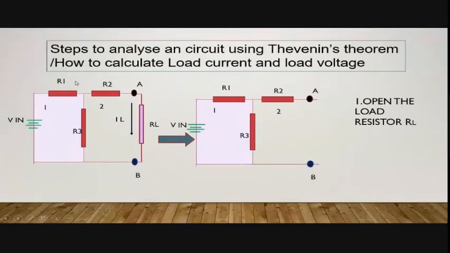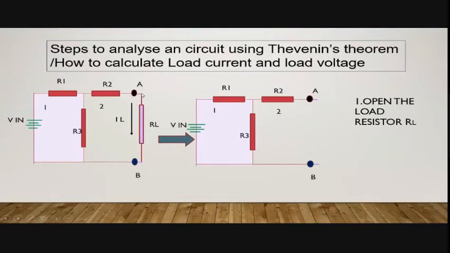Now let us see how to analyze a circuit using Thevenin's theorem. Sometimes this question is asked as state and explain Thevenin's theorem, or else you are given a problem and you are asked to calculate the Thevenin voltage VTH and Thevenin resistance RTH, or you are given a load resistance RL like this, and you are asked to calculate IL and VL.